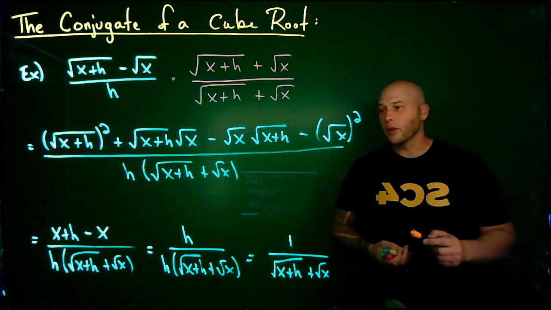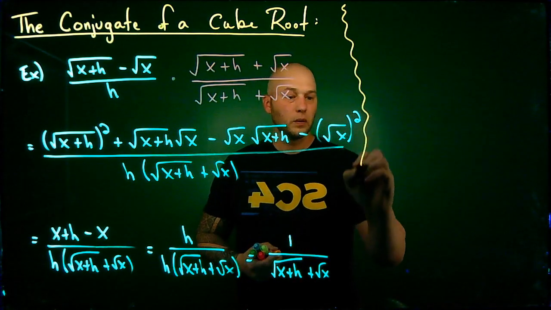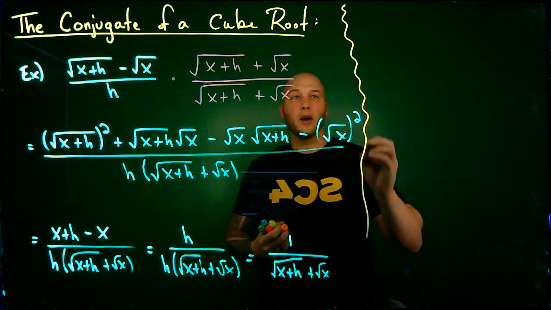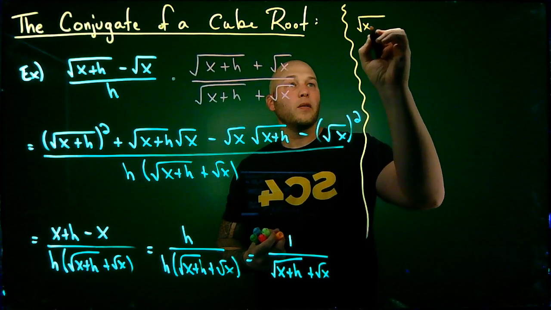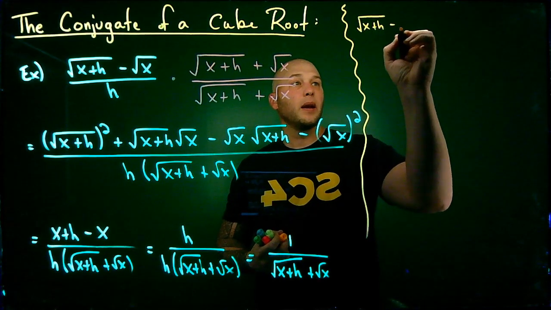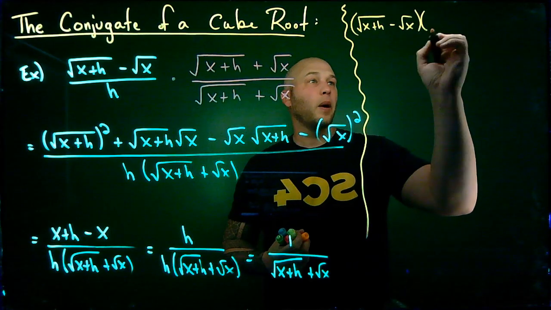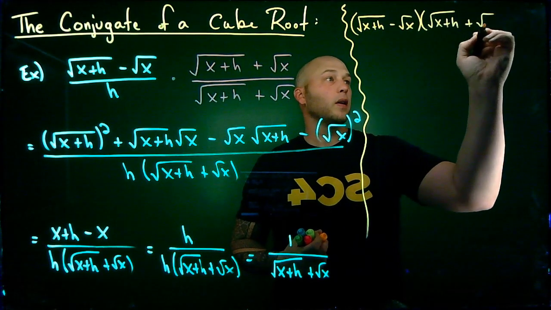Now, let me summarize this over here. And again, I just want to look at multiplying the conjugate pair. If I look at the expression we started with, which was the square root of x plus h minus root x, I multiplied by the square root of x plus h plus the square root of x.